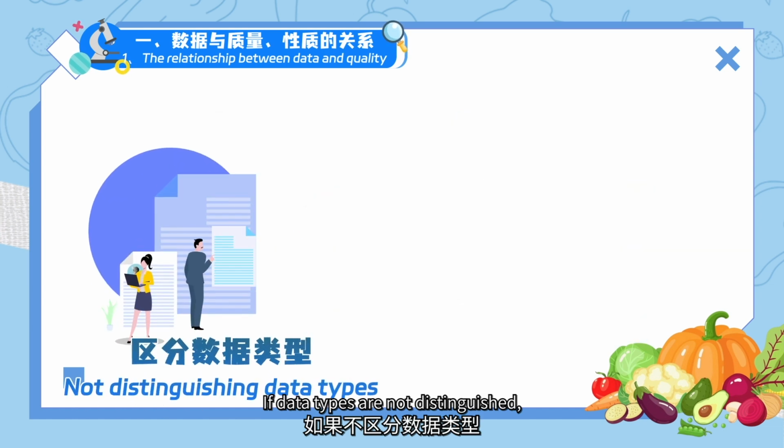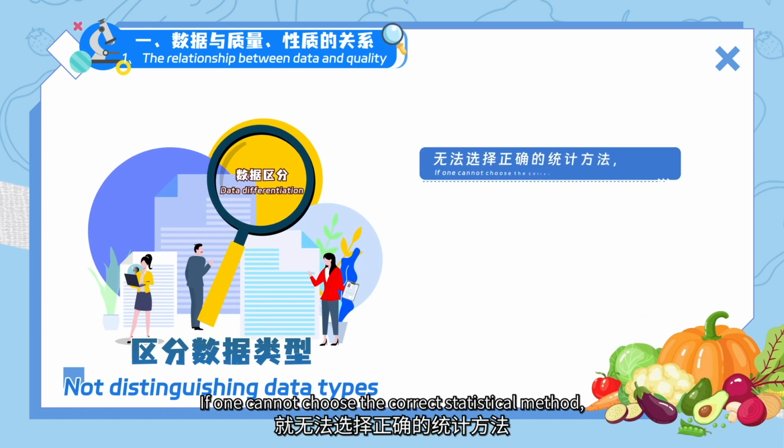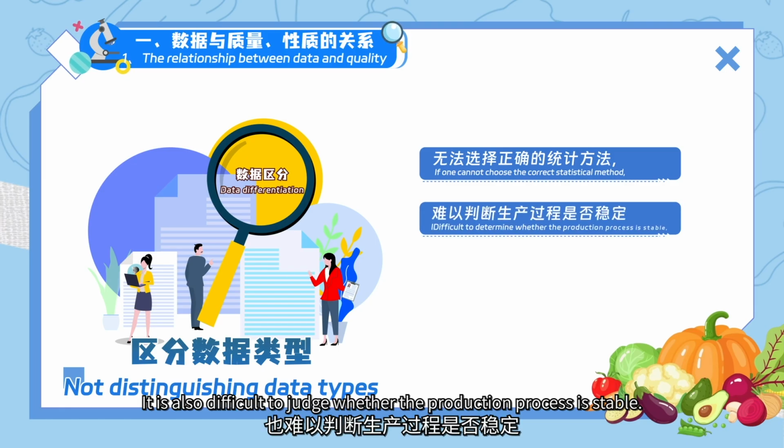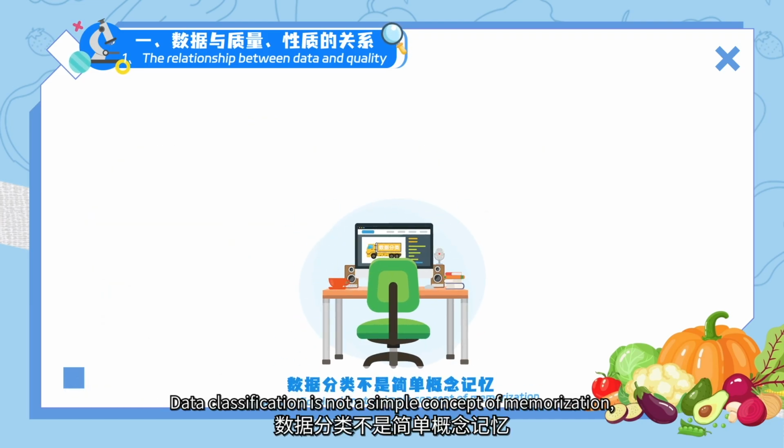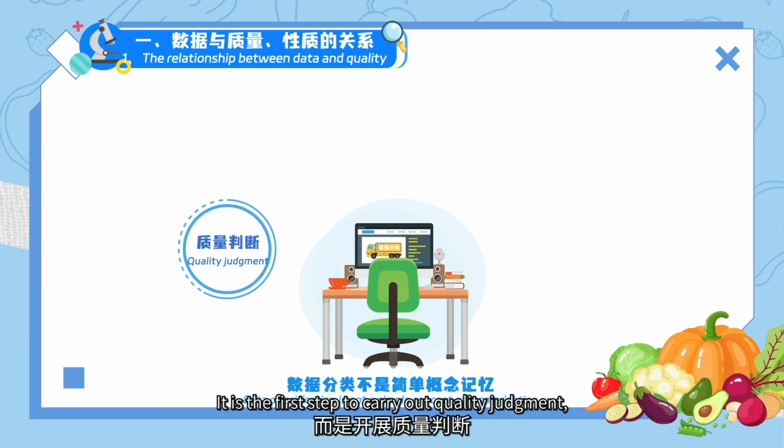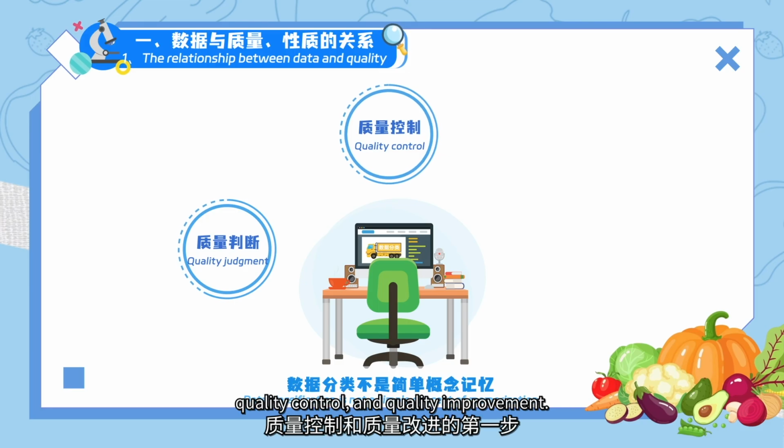If data types are not distinguished, one cannot choose the correct statistical method, and it is also difficult to judge whether the production process is stable. Therefore, data classification is not a simple concept of memorization. It is the first step to carry out quality judgment, quality control, and quality improvement.